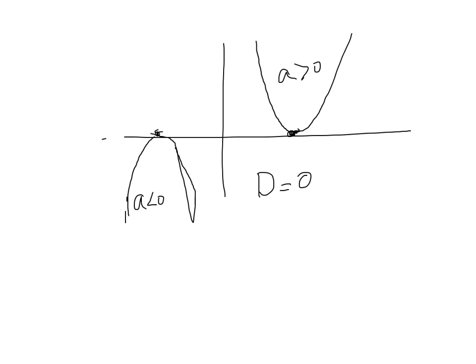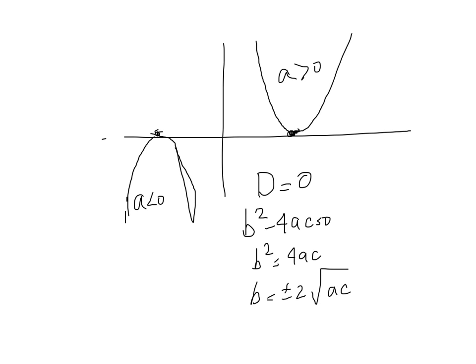And remember, the determinant is b squared minus 4ac. If b squared minus 4ac is equal to 0, this means that b squared is 4ac. And then if you want to solve it, you can say that b is plus or minus 2 square root of ac. So the second possibility is that when your determinant is equal to 0, there is only one solution, and both of them are equal.